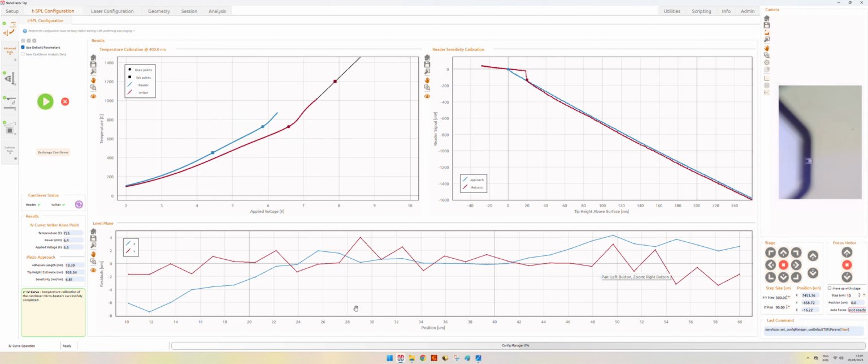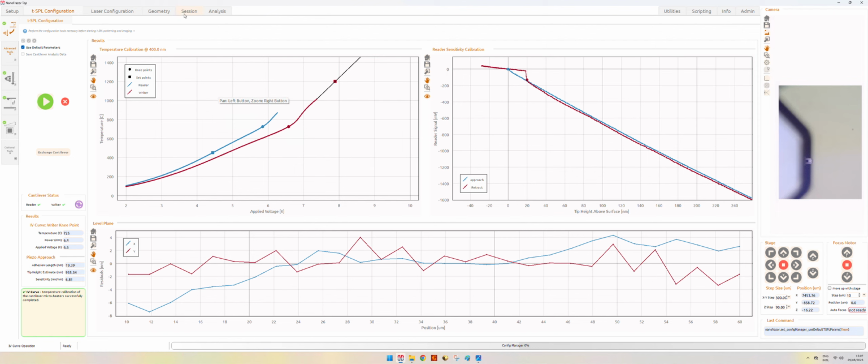So usually this is a macroscopic slope, therefore it should not change much if we move across the sample. And this slope is also measured across an area of 60 micrometers, so it's quite large, thus it should not change much. So this explains why we don't run this level plane procedure every time we have to do something with a nanophraser.